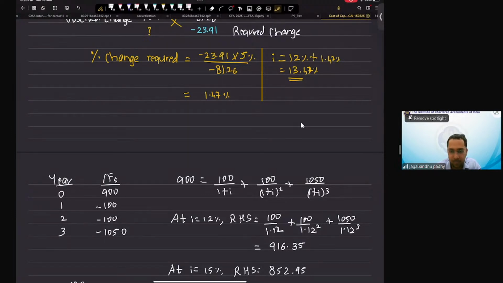Sir, in illustration 2, can you explain the stock turnover ratio? It was given as 8 times, but in the answer they don't take that. Yeah, so I'll just take up those things in the next class.